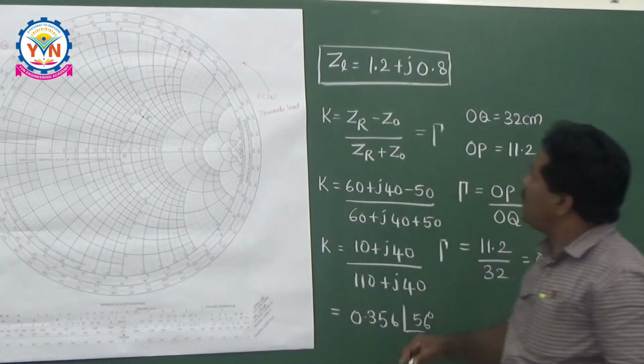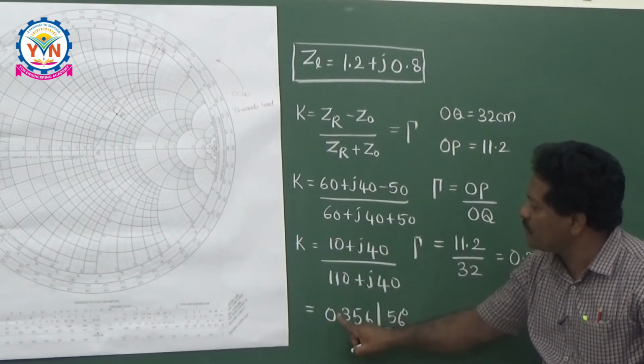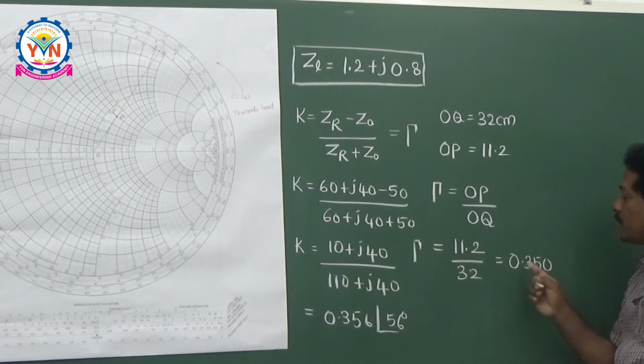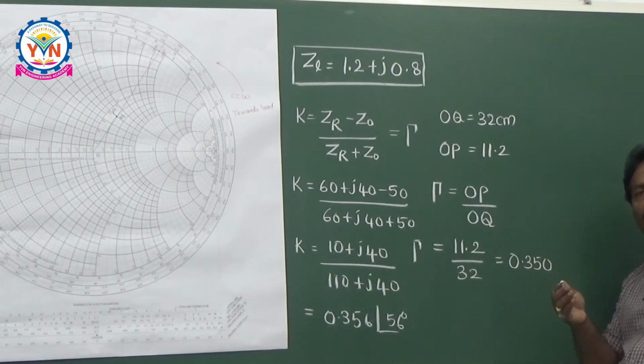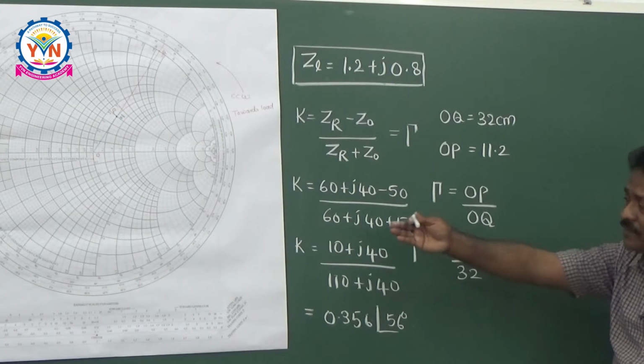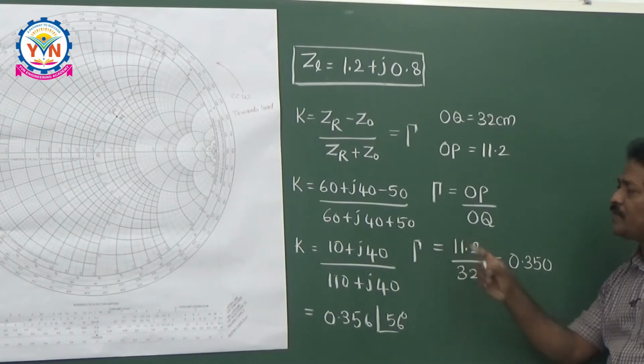So listen carefully. From your equations, you got the reflection coefficient K is equal to 0.356, whereas here you got 0.350. The Smith chart gives almost all the values close to the actual ones, though sometimes it gives approximate values. So this is the way of doing the problem for the reflection coefficient.